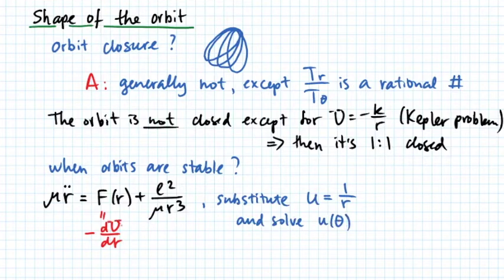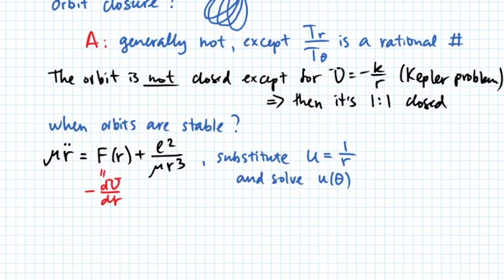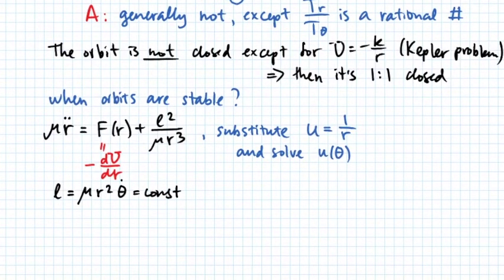To avoid any confusion, we are not going to use U, the potential energy. Another equation, of course, is angular momentum conservation. So our job is to work with the radial equation of motion and to extract a differential equation that will relate u and theta.